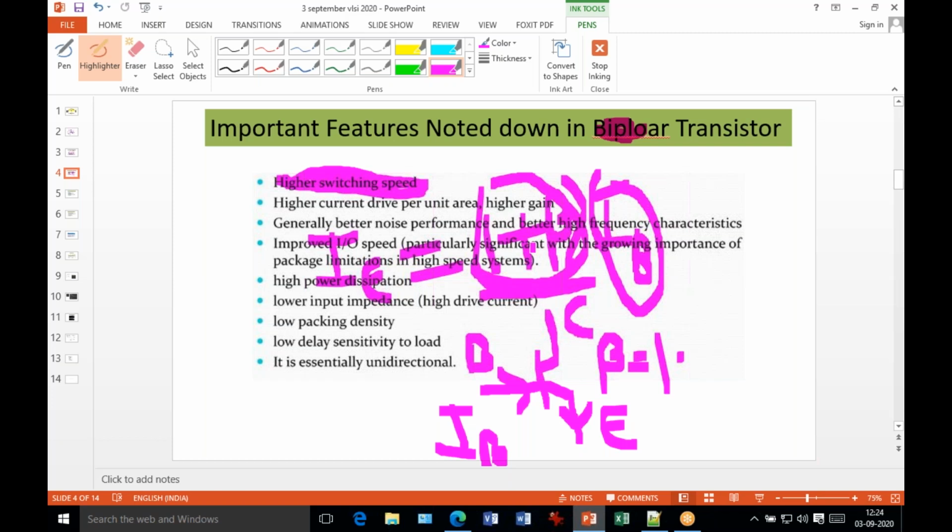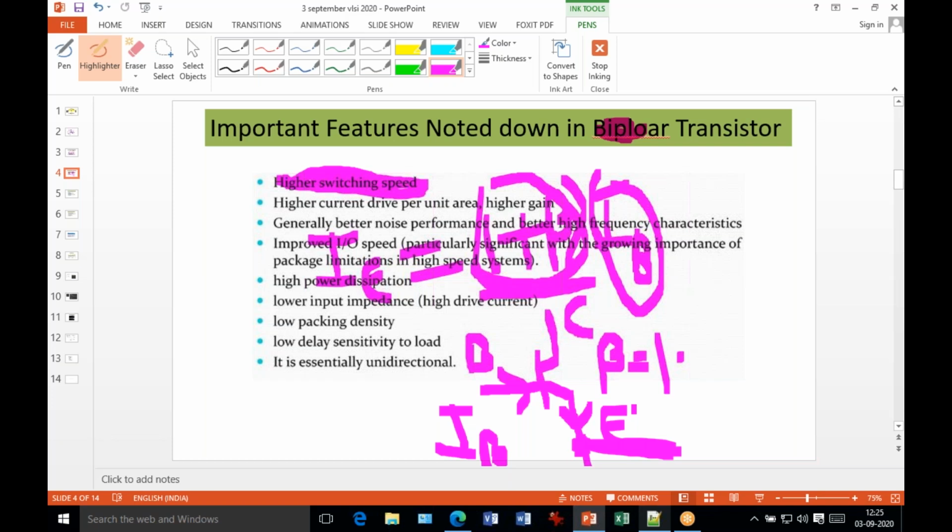That means your output node voltage swings very quickly, because the current is high in node E, which is the emitter node. Of course, here you take the output. If this IE current is going at a very high value, then according to this equation, IE equals 1 plus beta times IB.